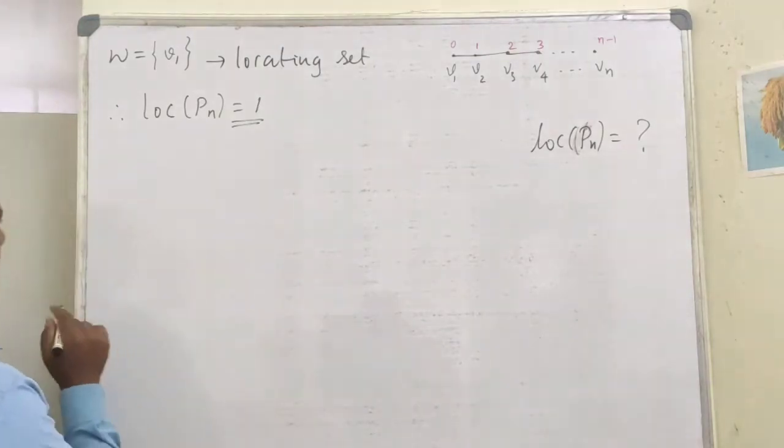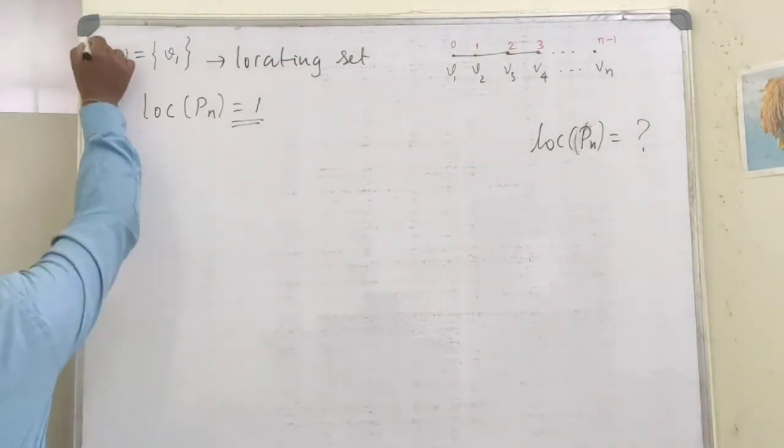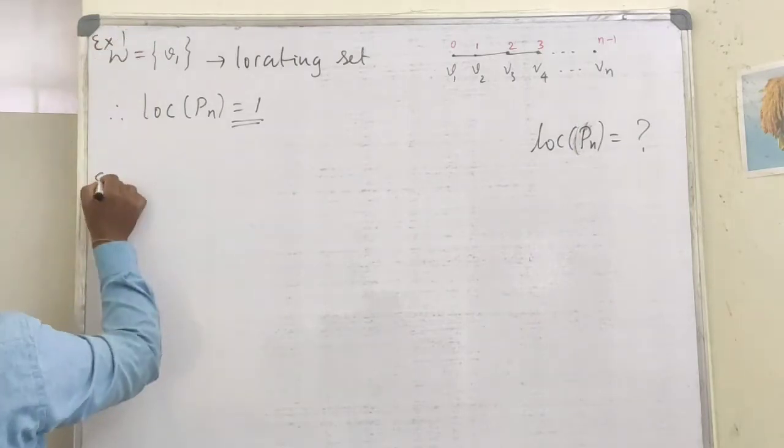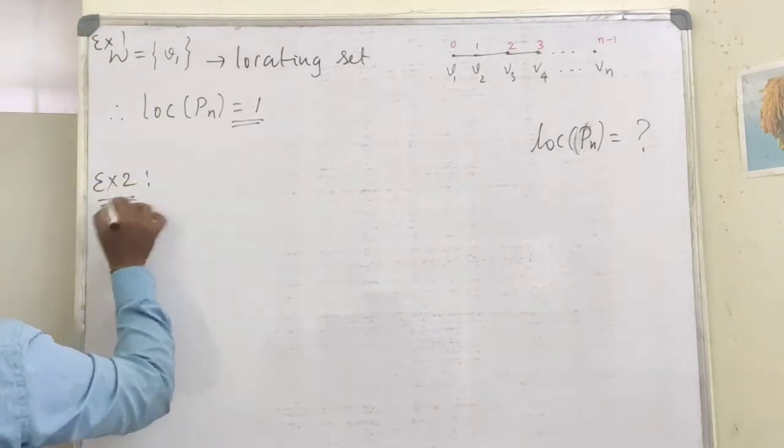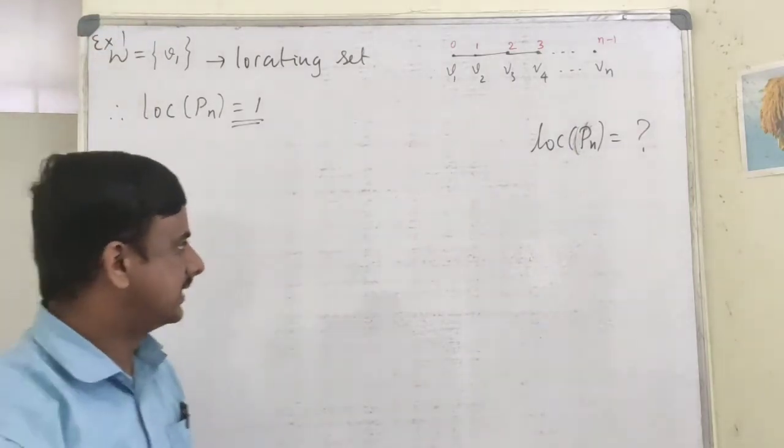Next, example 2. Let us take a cycle. Cycle Cn I will take.